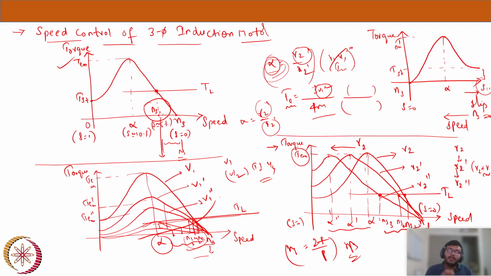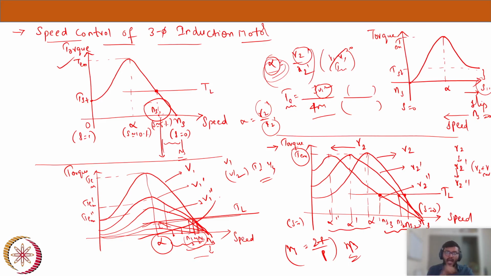No. People were not asking, when they were using the DC series motor extensively for these traction applications, whether this kind of speed control can be achieved with ease using my induction machine. So that question came up then, and people started to actually look into this problem.